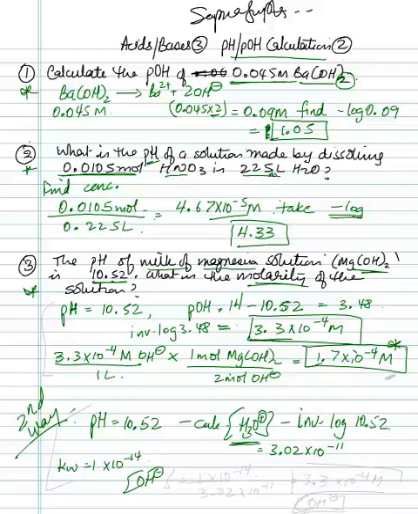So the hydroxide ion concentration then is 1 times 10 to the negative 14 divided by 3.02 times 10 to the negative 11, and you'll get the same answer, 3.3 times 10 to the negative 4 molar, as this is going to be your hydroxide ion concentration. So then once you have this, you still have to divide this by 2 in order to get this answer.